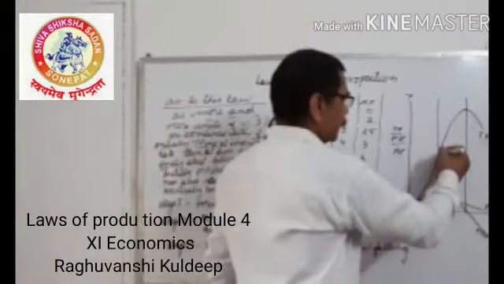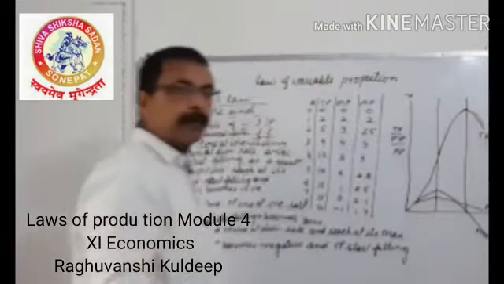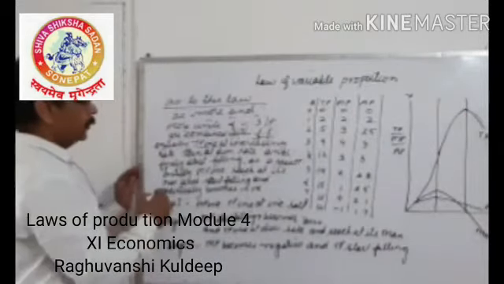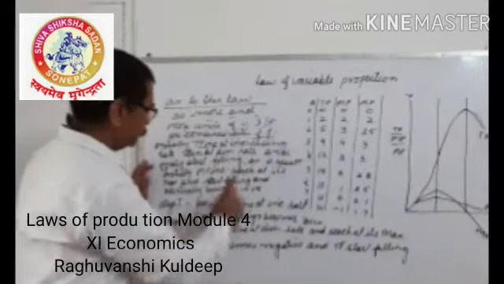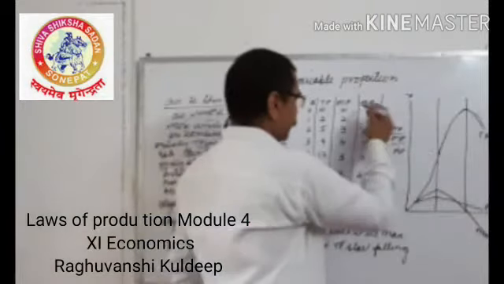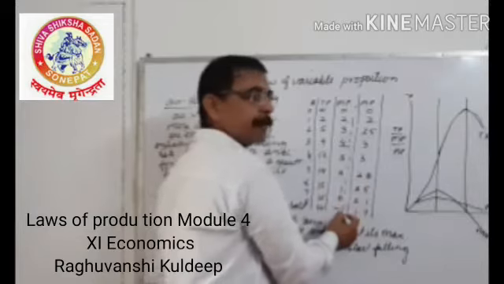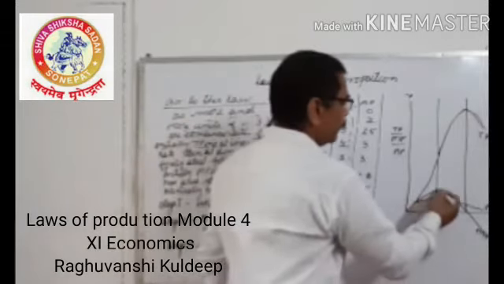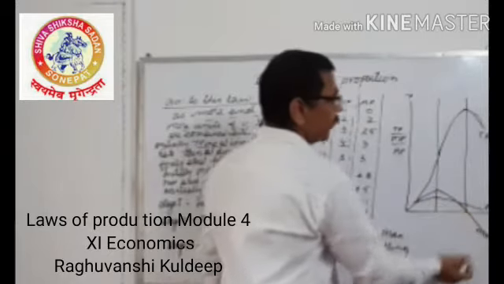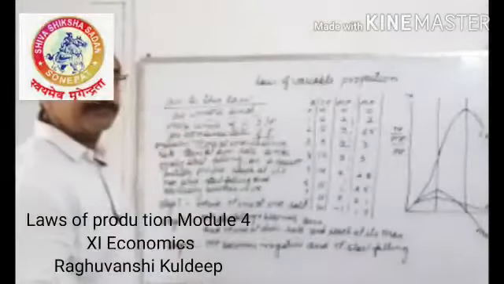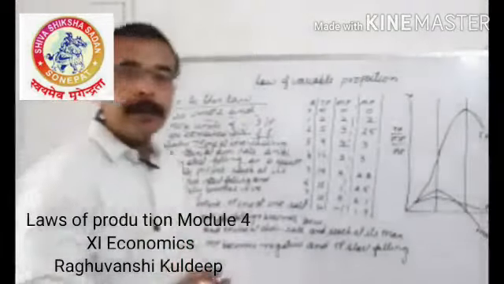Eventually, as a result, MP starts increasing, reaches its maximum, starts falling, becomes zero and eventually negative. So this is the behavior of output in terms of TP and MP.